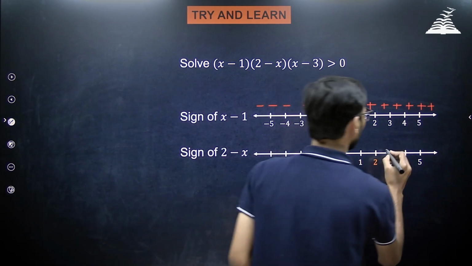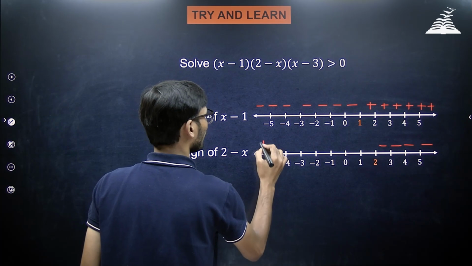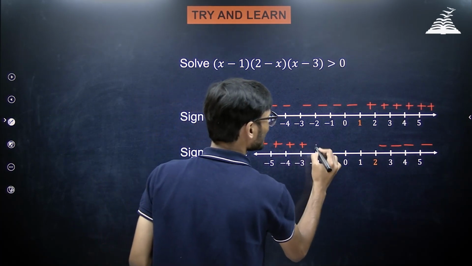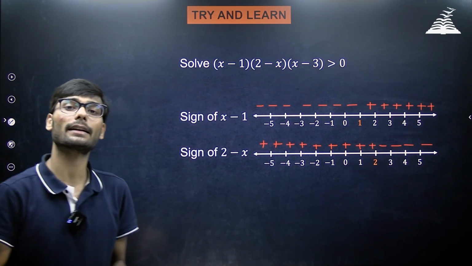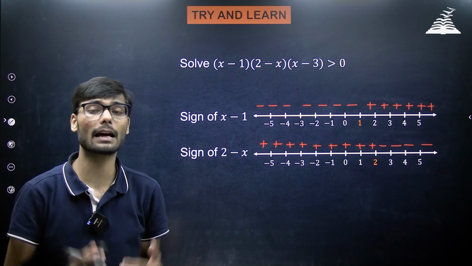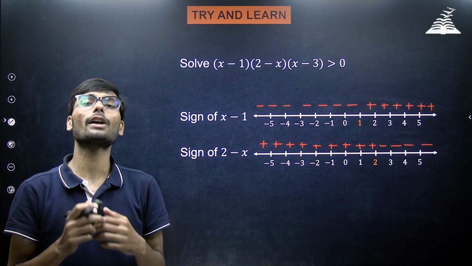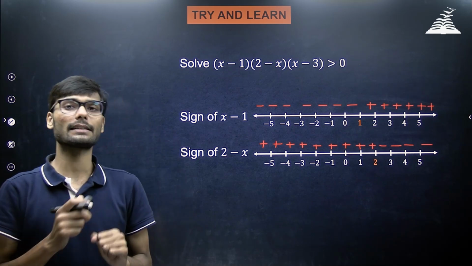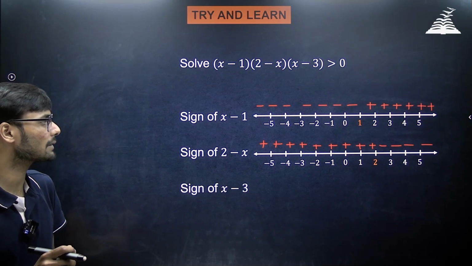So the right hand side of 2 will be negative and the left side of 2 will be positive. Why is it happening? Because here the coefficient of x is negative. You need to reverse the signs if we are dealing with an expression in which the coefficient of the highest degree of x is negative.